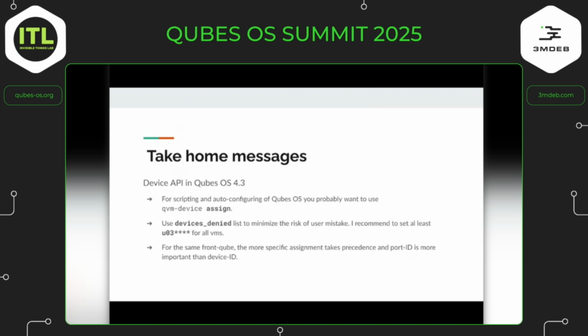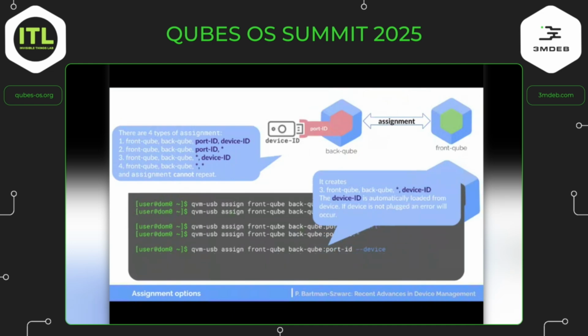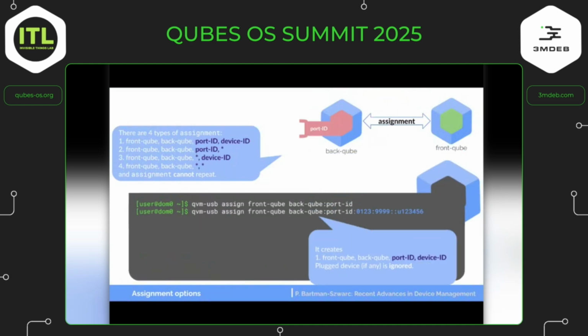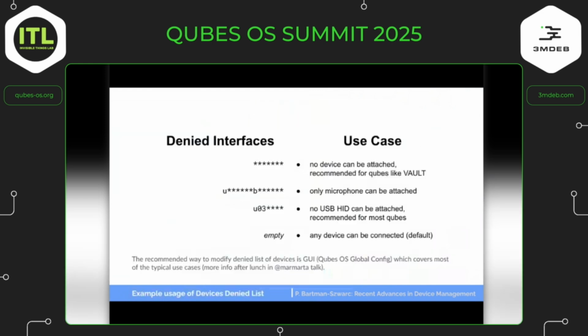Okay. Hello. How set in stone is the device denied setting? If you go back a couple of slides to your example deny list options, this slide. Your second line there says that only microphones can be attached, but that will break when you add a new type.